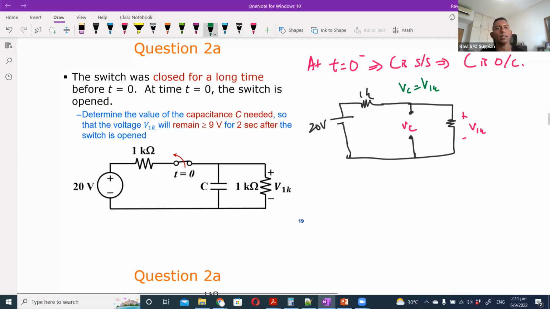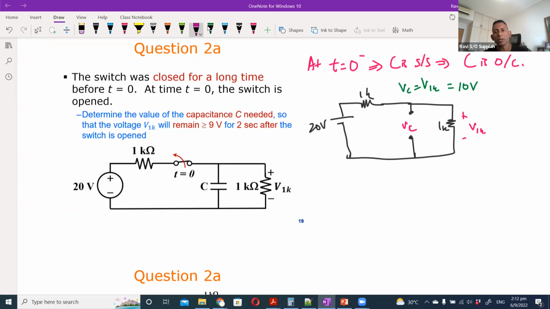Since this first resistor is 1K and this resistor is also 1K, in a series circuit, it's a simple voltage divider, so that will be 10 volts. That is how the circuit is just before I open the switch.